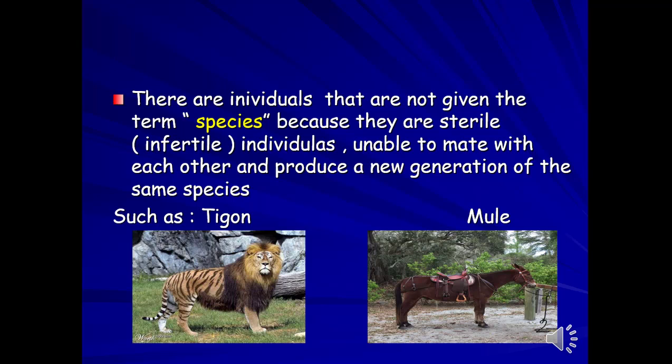The first one, the tigon, is the offspring produced from the mating of a male tiger and a female lion, and it is sterile. The next example is the mule, which is produced from a male donkey and a female horse, and it is sterile also.